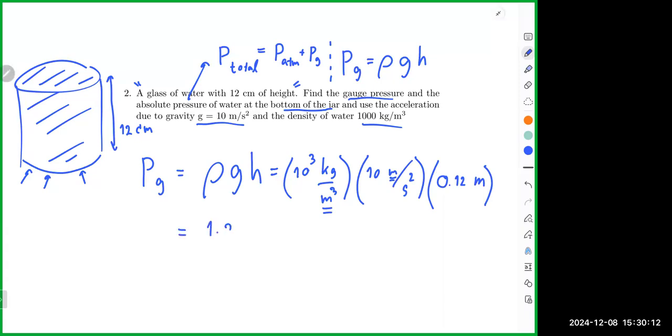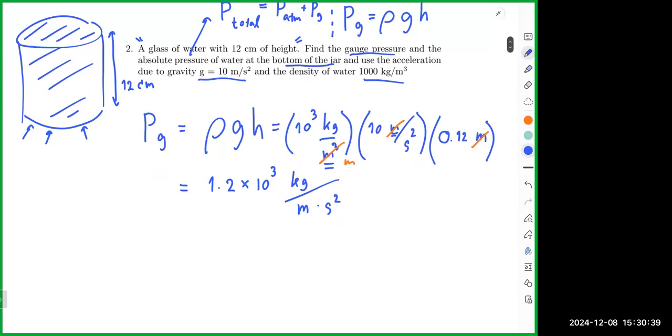You can get 1.2 times 10 to the 3 kilogram per meter second square. As you can see, I can get rid of meters into this. Okay, and how do we make sure that it is the unit that we want? Because this is not the Pascal that I already mentioned, right?